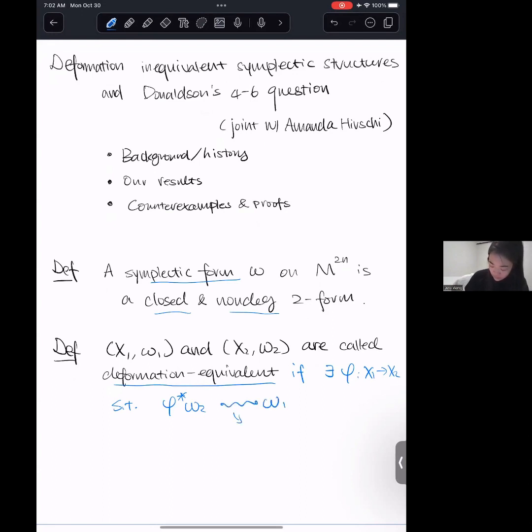So this is through a path of symplectic forms. Note that I don't require any constraints on cohomology classes.